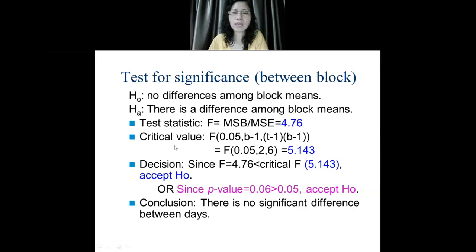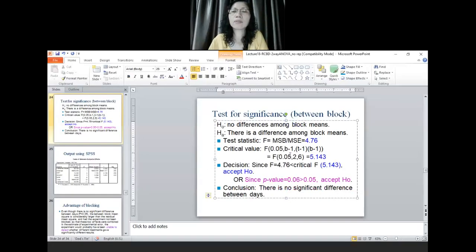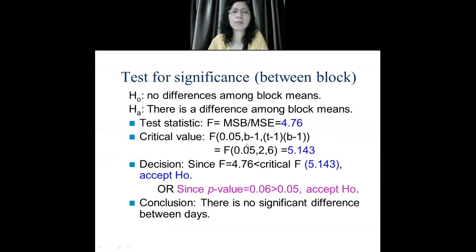For the critical value, the number of blocks minus 1: we have 3 days, minus 1 becomes 2, and the degree of freedom for error is 6.